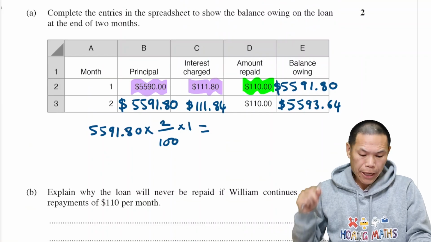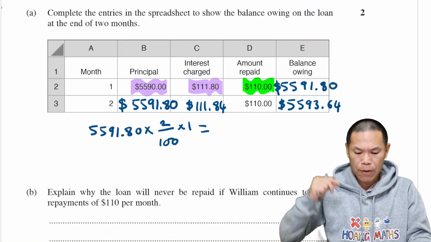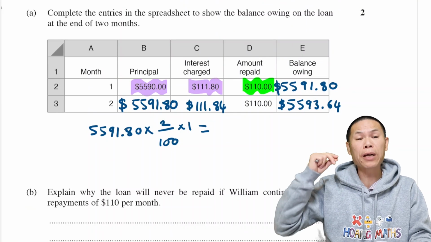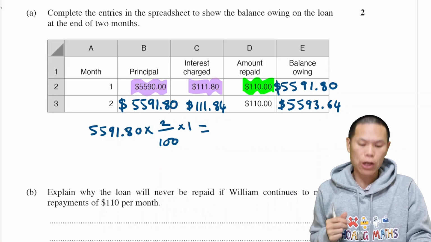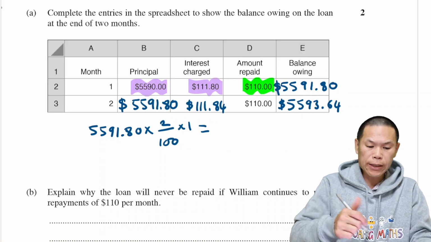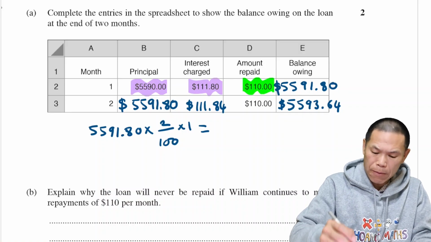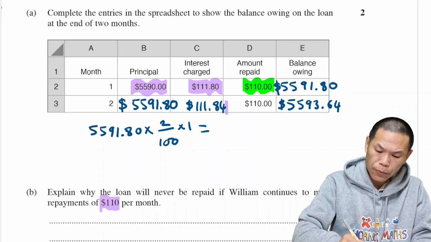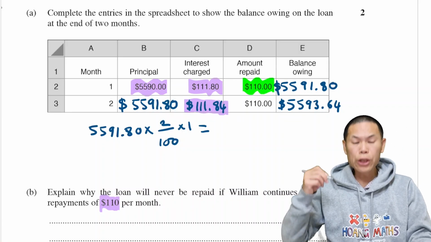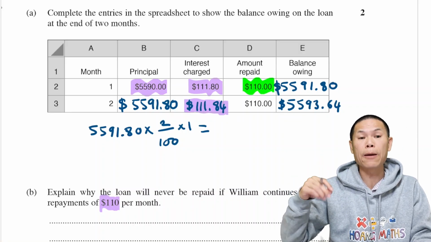Part B. Explain why the loan will never be repaid if William continues to make repayments of $110 per month. So obviously the monthly repayment is this much, but then the interest is this much. So the interest is greater than the repayment.